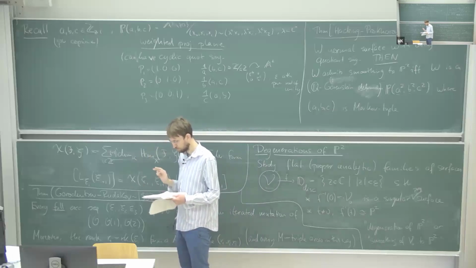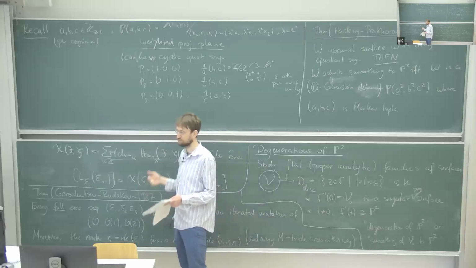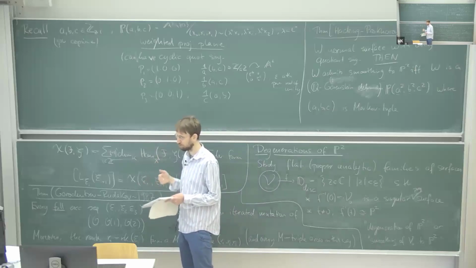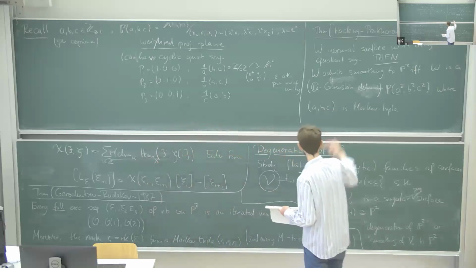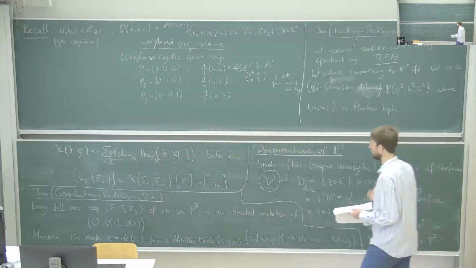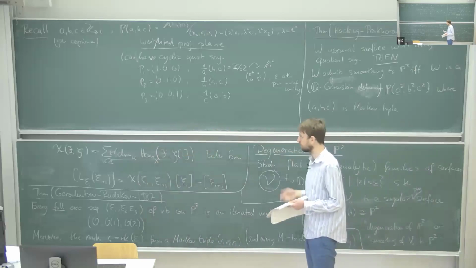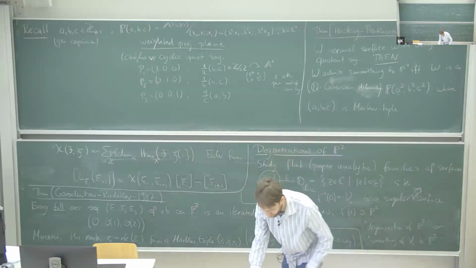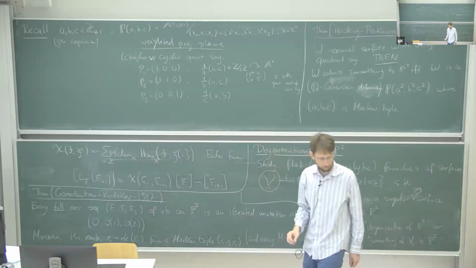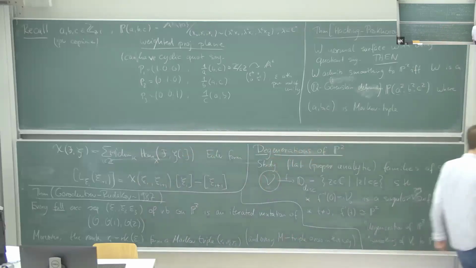But I don't want to go into this because my main point is the connection now of these two stories. Because they are both parameterized by the Markov tree, one can wonder how they are related. And this is the following result.